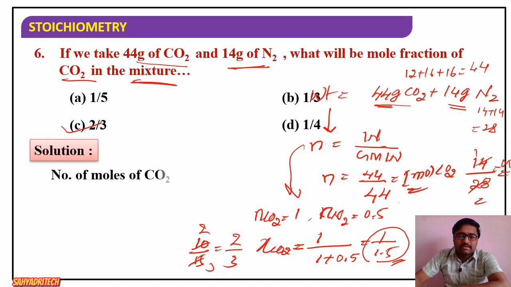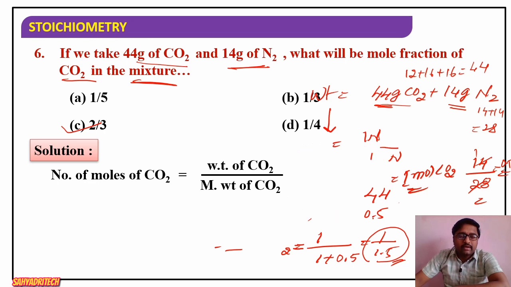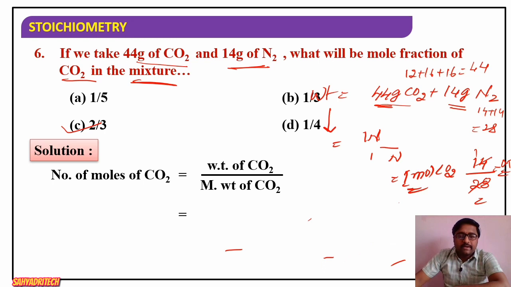So again, if you consider the solution part here, number of moles of carbon dioxide we have to calculate, right? How are we calculating? Weight of carbon dioxide divided by molecular weight of carbon dioxide. Weight is 44, molecular weight is also 44, so 1.